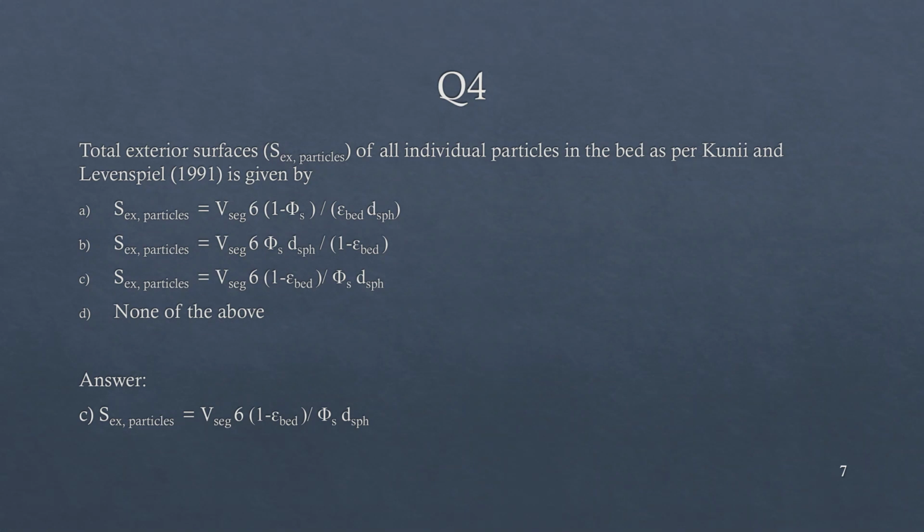So V_seg into 1 minus epsilon_bed gives the volume of the particles inside the bed. Divided by phi_s into d_sphere, that gives the total exterior surface of all individual particles in the bed. So option C is the right answer.